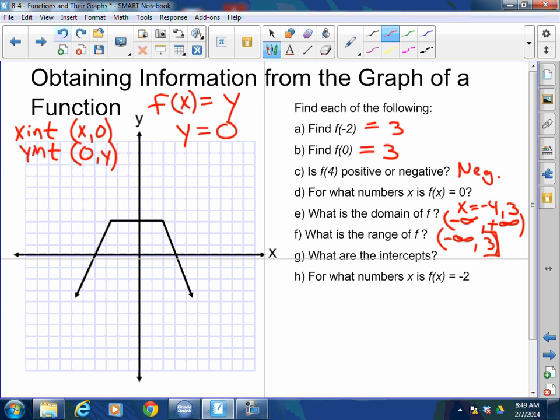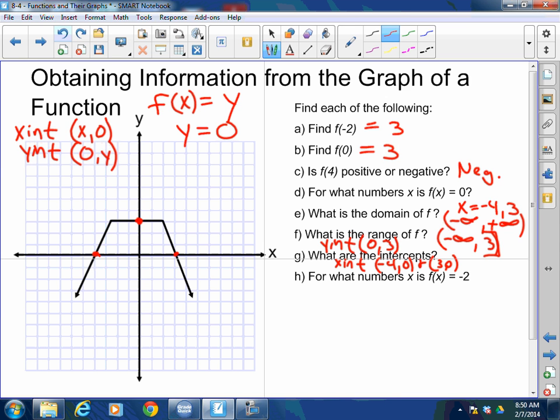Okay, so my x-intercepts, I got two x-intercepts. Well done. Negative 4, 0, and, hold on, 3, 0. Okay? And then what's my y-intercept? Right here, 0, 3. Very awesome. Those are my intercepts. Beautiful.